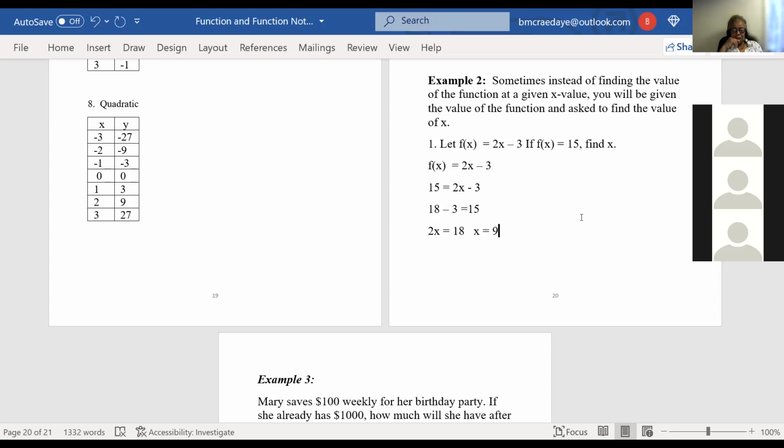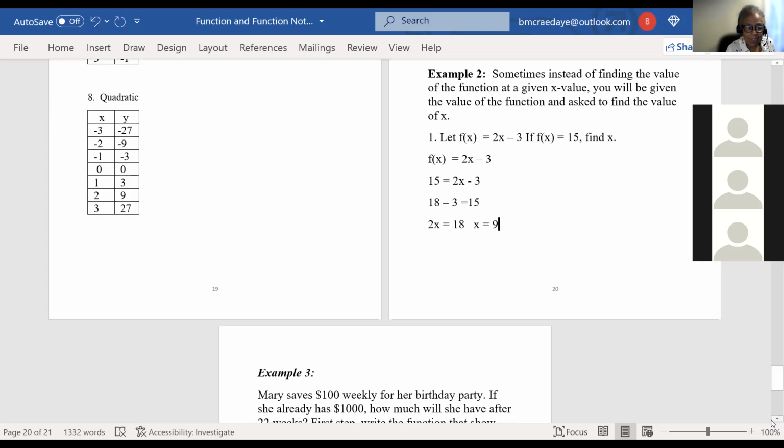But now we're giving you the value of the function and we want you to find the value of the variable. So it's like I'm giving you the y value and you find the x. Although it doesn't have to be x and y, it could be something else. But generally we think in terms of y as our dependent variable, x our independent variable, okay? y is dependent on x. Vanessa, is it clear?